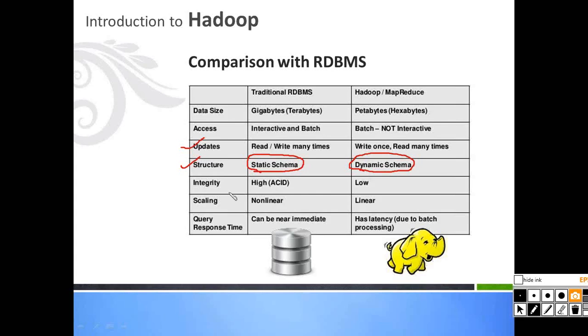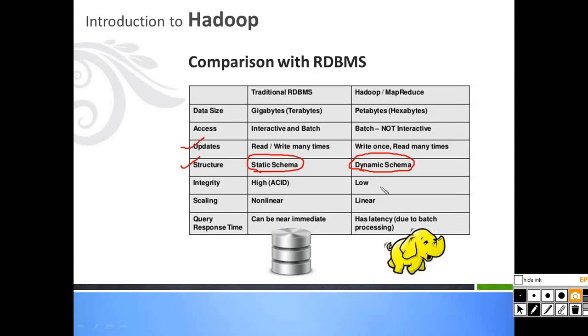Coming to ACID transactions, ACID level of compliance, RDBMS is for ACID compliance: the atomicity, the consistency, the isolation and durability, right? That part is pretty low in Hadoop. That is not the design motto in Hadoop. It is eventually consistent, but it is not ACID consistent. Hadoop is called an eventually consistent system.